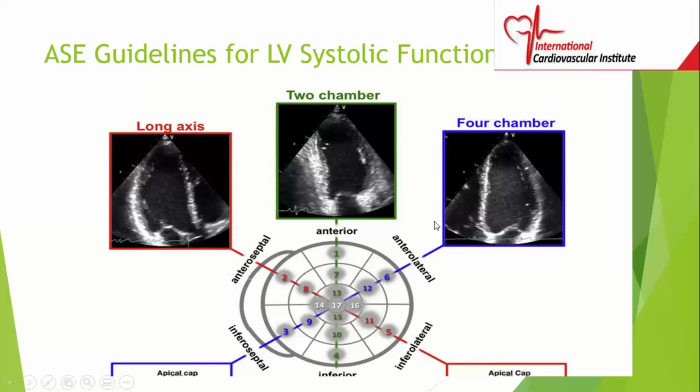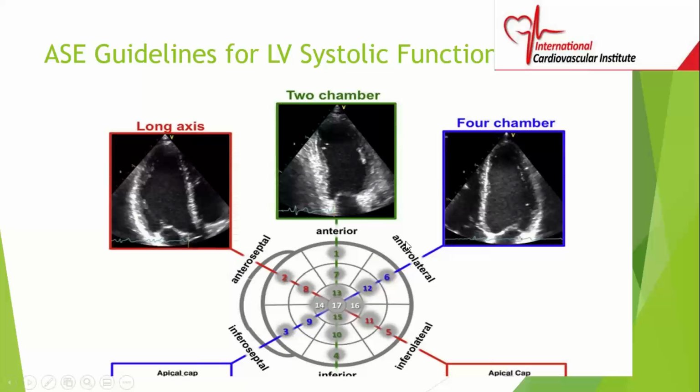And of course, we have our basal inferior septum, which is closer to the mitral valve, the mid inferior septum, and the apical inferior septum. And then we talk about the apical cap, which is just the tip. And then this is the anterior lateral wall, because this is the cut when we get our apical 4.